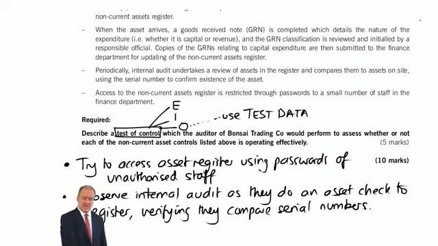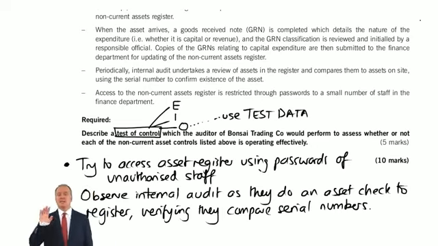You could even, I suppose, go and inspect some of these invoices. You decide if it's capital or revenue, and then see if the responsible official has agreed with the same conclusion. Reperforming this might give you some assurance that whoever did it in the first place at the company is doing it right. This is easy.